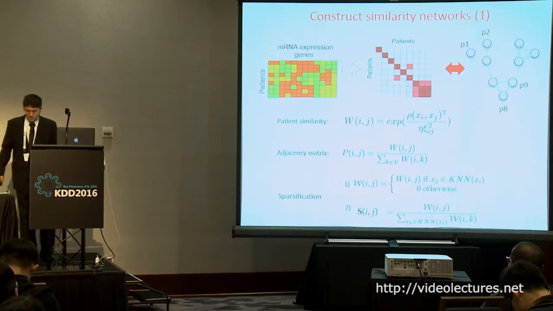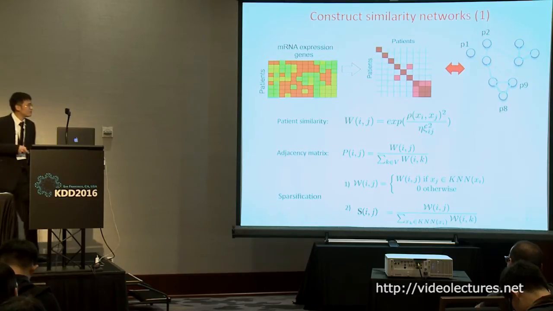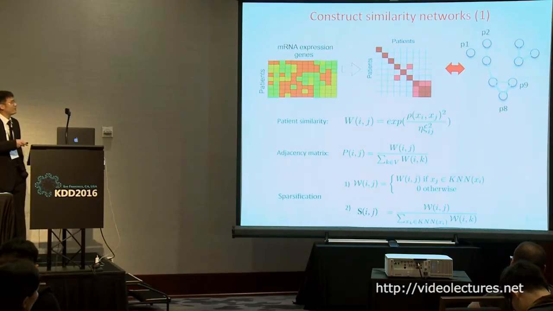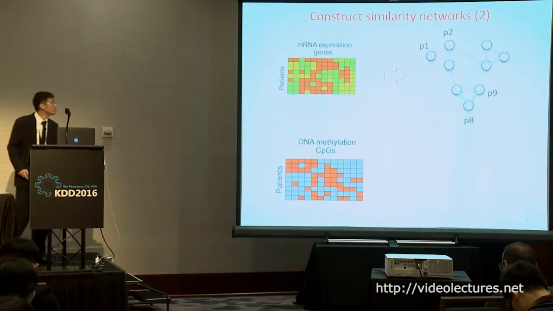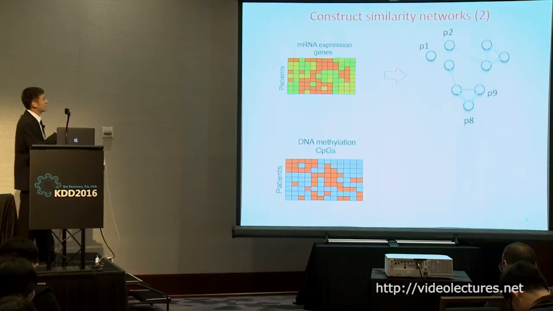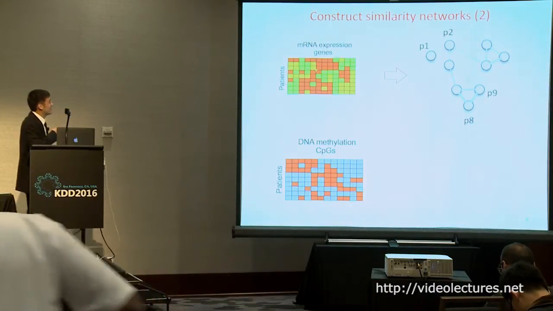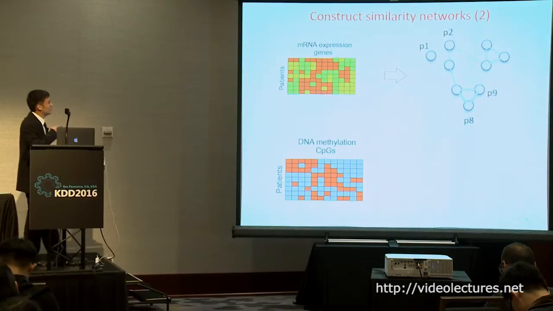So it's a very simple methodology. We have a matrix P and also a matrix S. Once we have these two matrices, we have a way to turn the raw data into the patient similarity network.